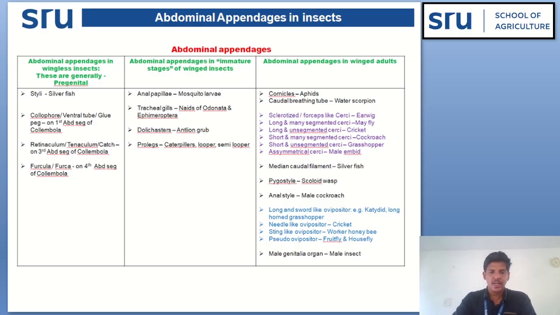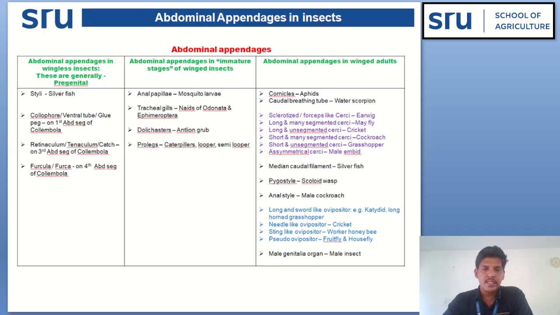Furcula or furca is on the fourth abdominal segment of Collembola. All these are the abdominal appendages in wingless insects, and these are generally pregenital in nature, present in front of the genital organ.